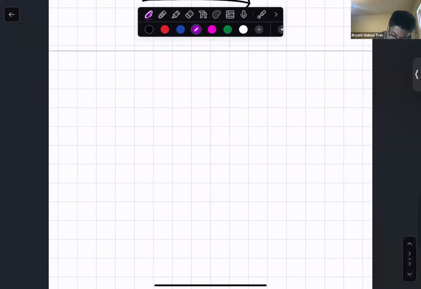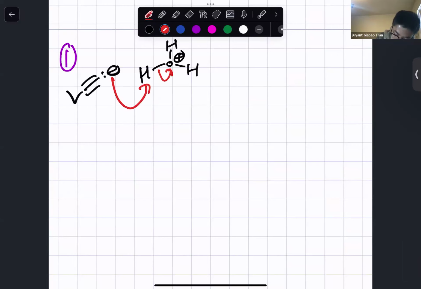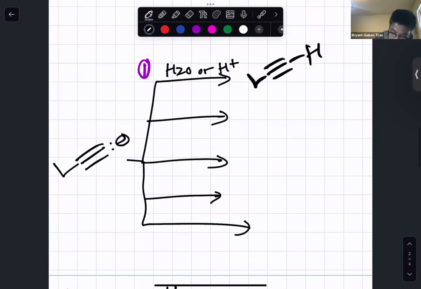The mechanism for that is that the negative charge, let's say our acid is H3O plus, grabs that H, kicks out the water, and becomes this terminal alkyne here with the water side product.